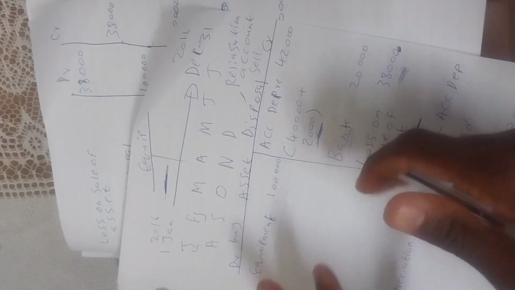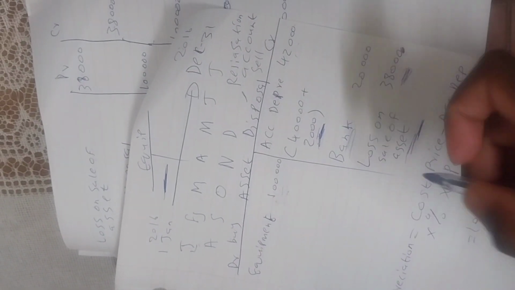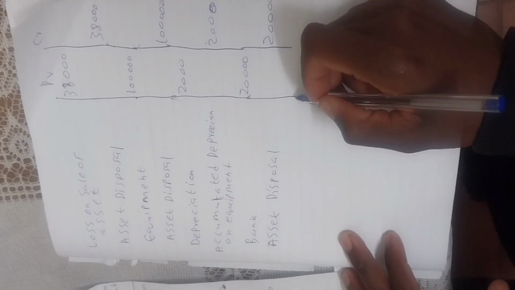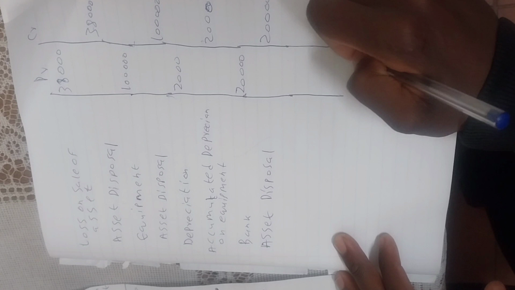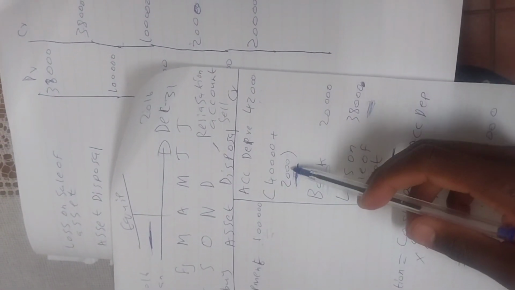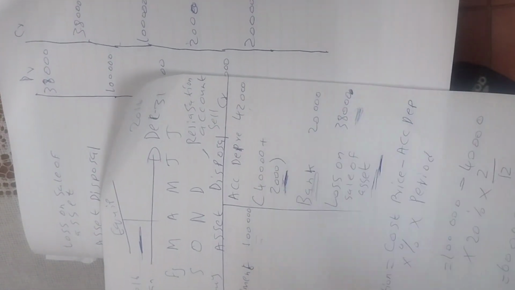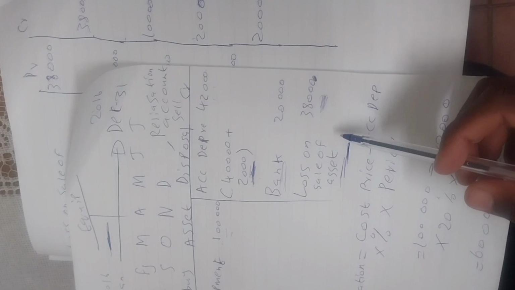So the name doesn't matter. What matters at the end is how much was your profit or your loss on the sale of the asset, and what is your disposal at carrying value here. Okay. The other one, let me see if there will still be any other account. We talked about equipment. Oh, it had an accumulated depreciation in this one. No, currently there is no entry there.